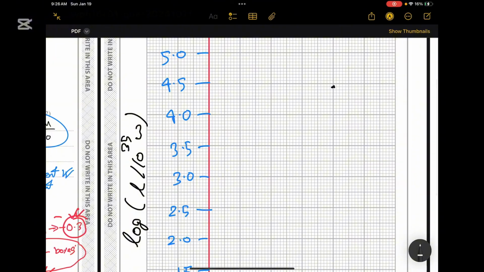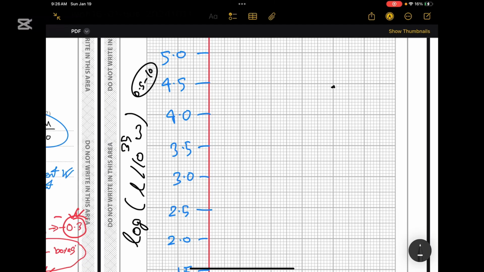If this is 4, there is a 0.5 difference across 10 boxes, so each row is 0.05.